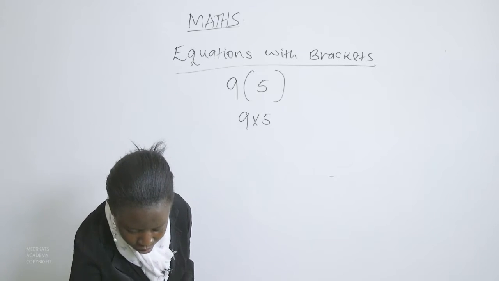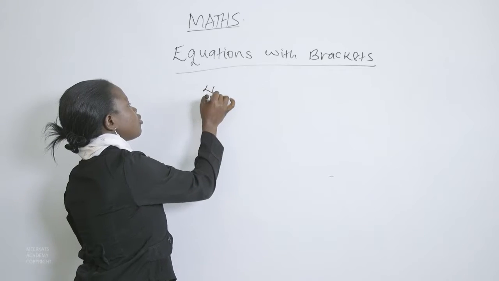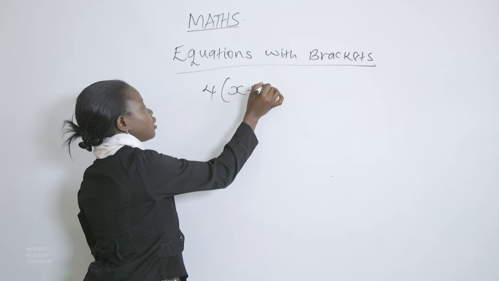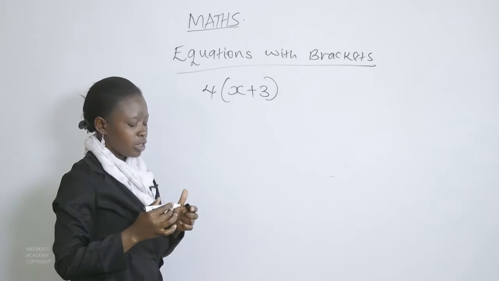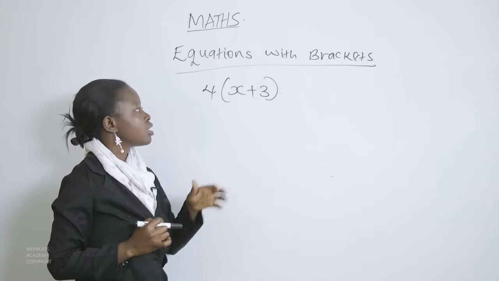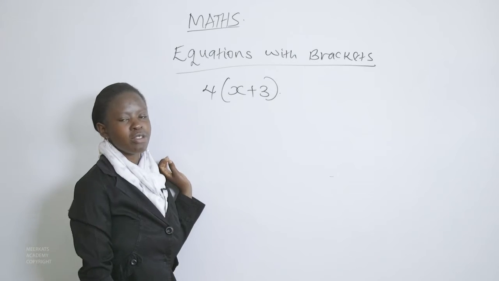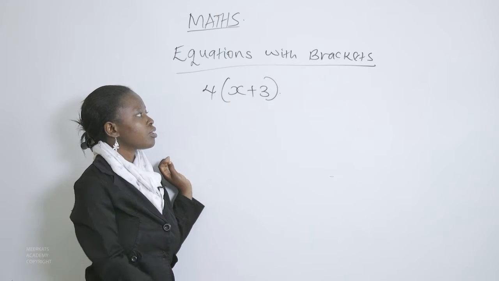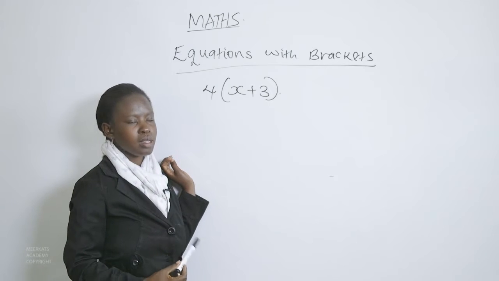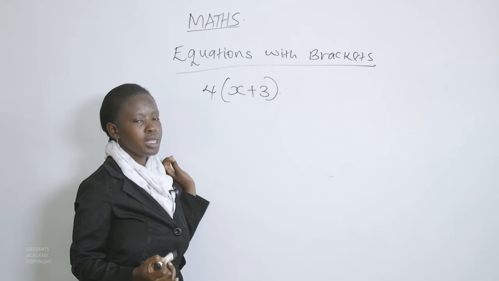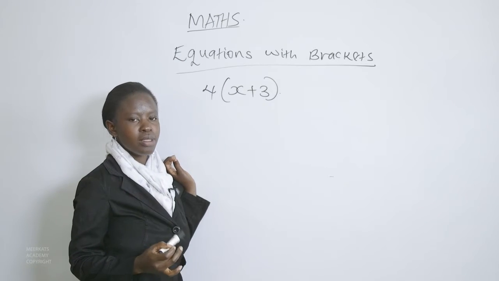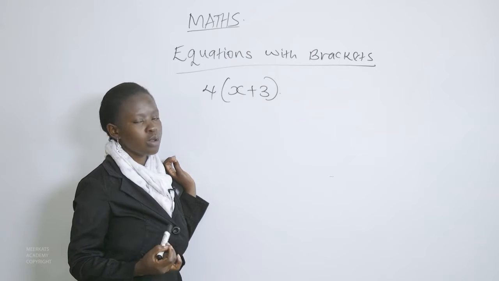First, before we deal with the equation, let us look at how we solve expressions involving brackets. If you have an expression that has brackets in it, we need to expand the given expression first.